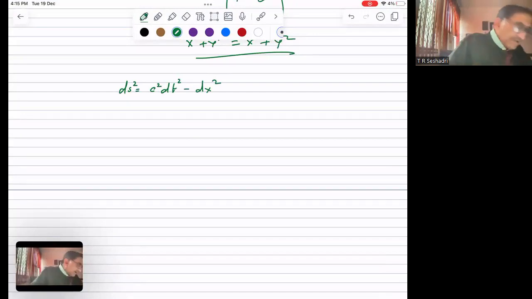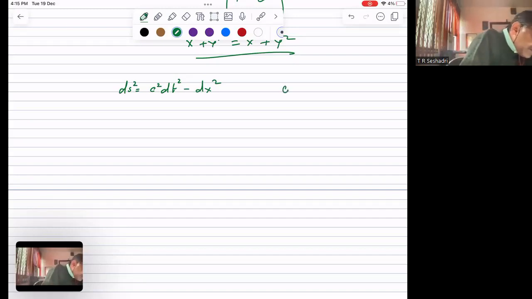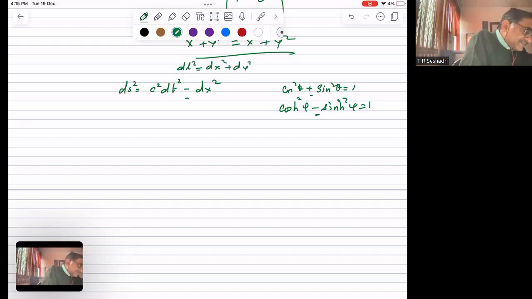Since cos square theta plus sin square theta equals 1, but I have cos hyperbolic square psi minus sin hyperbolic square psi equal to 1, there is a minus sign here and a minus sign here, whereas earlier there was a plus sign here and a plus sign here.